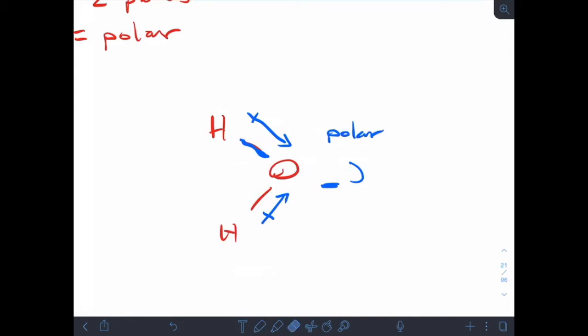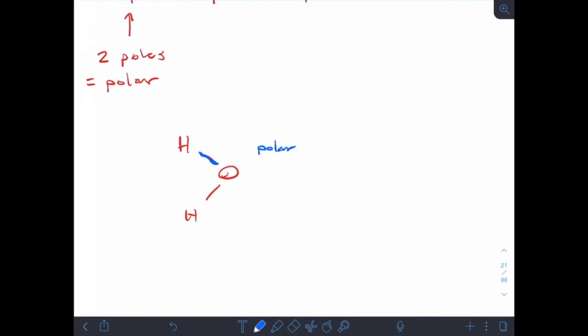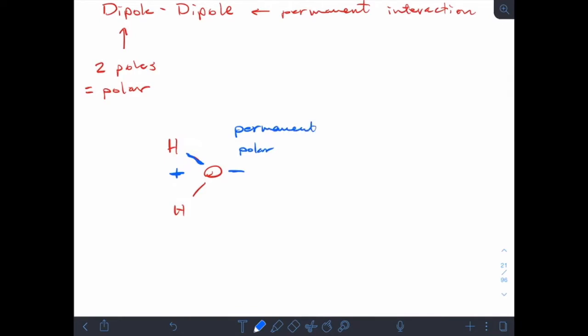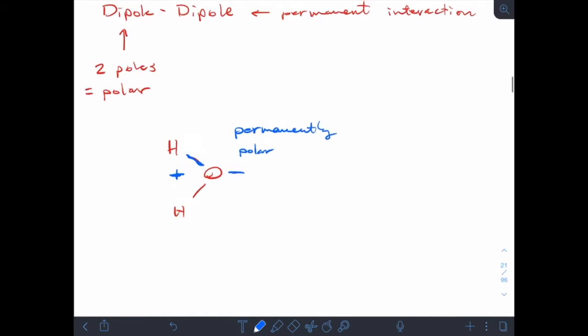So let me take some of this extra stuff out. Okay. So my water molecule is a negative side here and a positive side here, okay? And this is permanent, permanently polar, okay? So let's say I have another water molecule, and it's also got, because it's water, a positive and negative side.